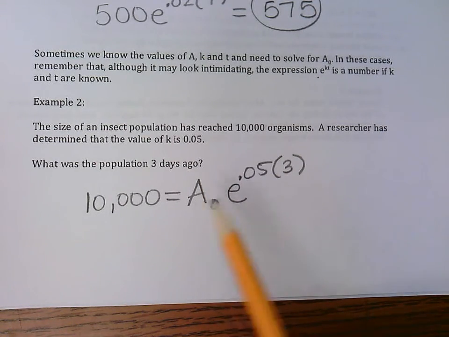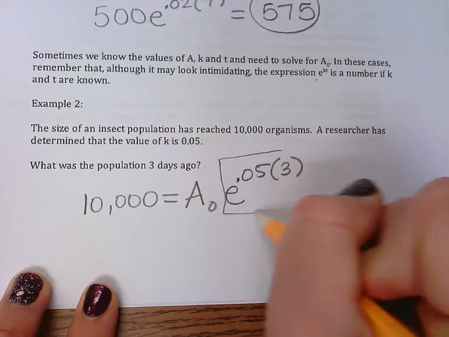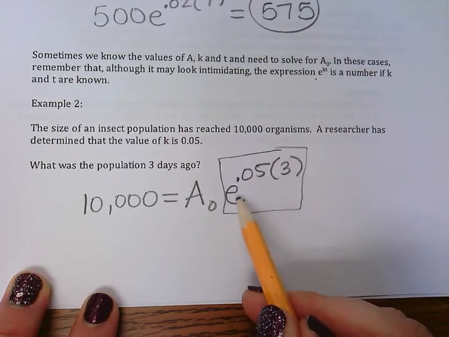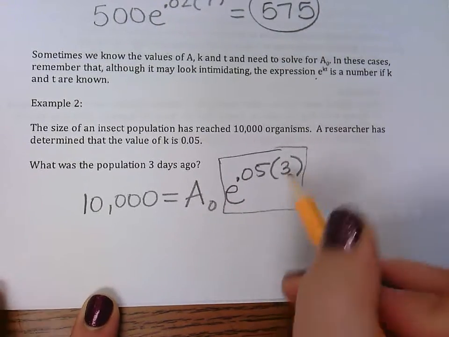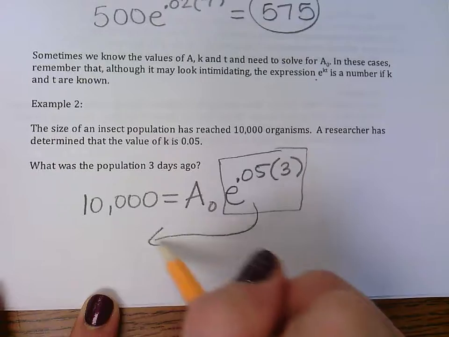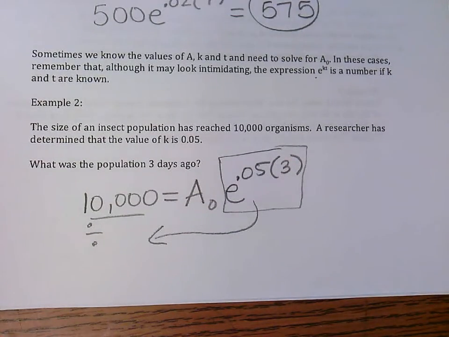So what it's telling you here is that this is just a number. So 2.7 raised to the 0.05 times 3, that's a number. So if we can evaluate that number, all we have to do is divide 10,000 by that number to solve for A sub 0. So it's basically figuring out what you're plugging into the equation and then how you're going to solve it.